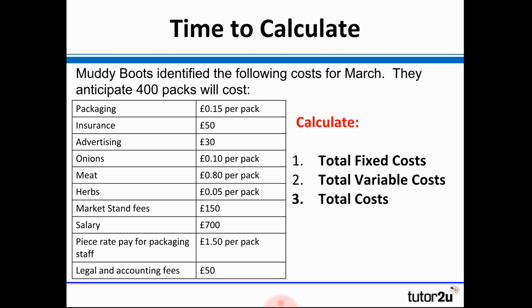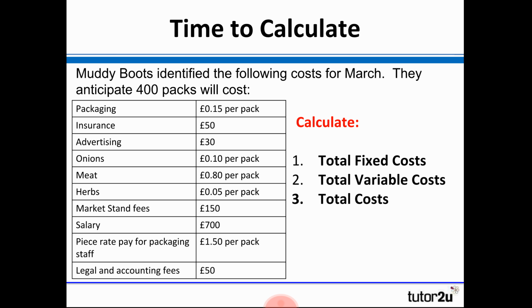They anticipate that 400 packs will cost, and we've got 15p a pack for packaging, £50 for insurance, £30 for advertising. We've got 10p per pack for onions, 80p per pack for meat, 5p per pack for herbs.